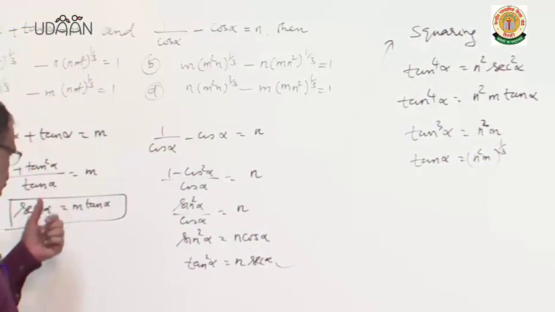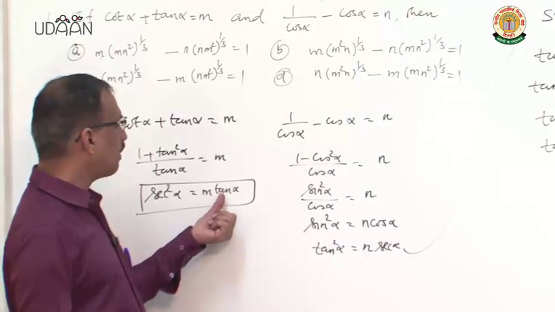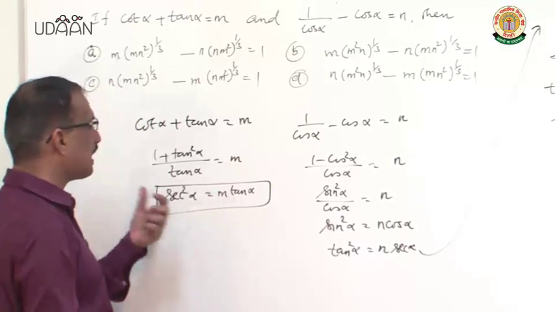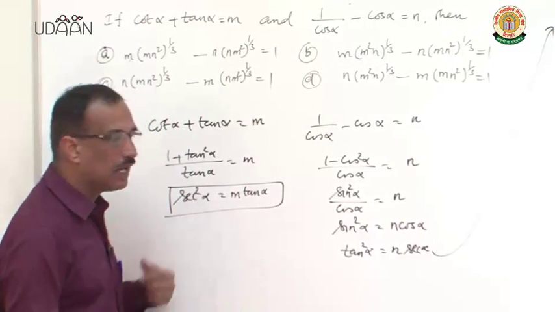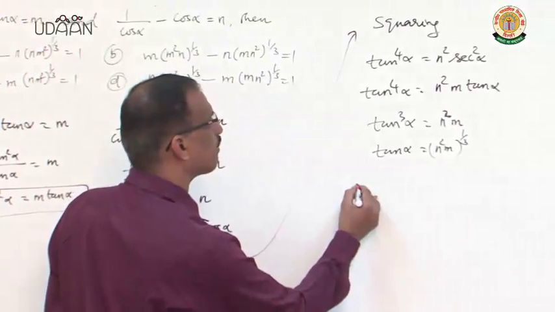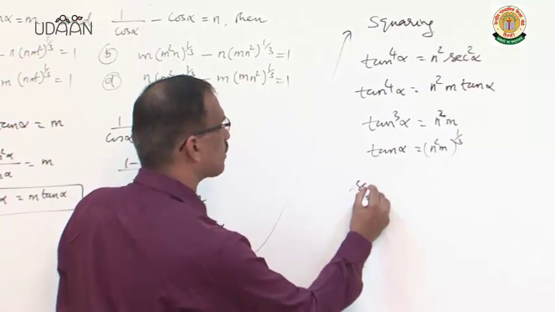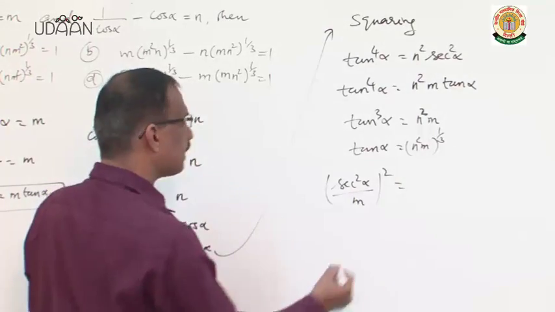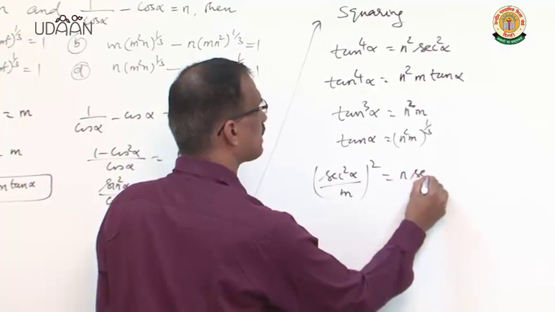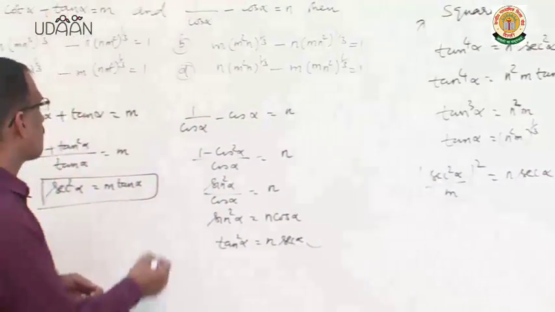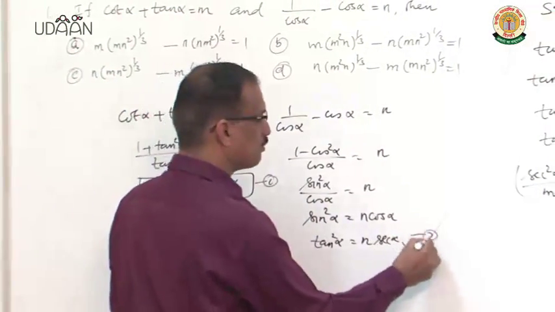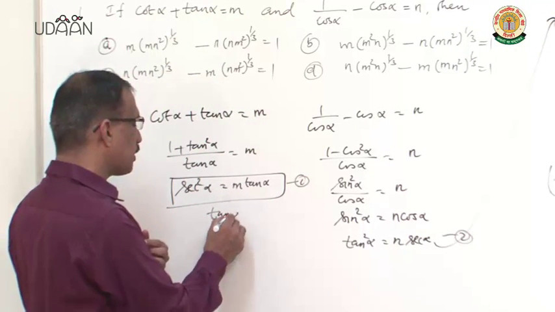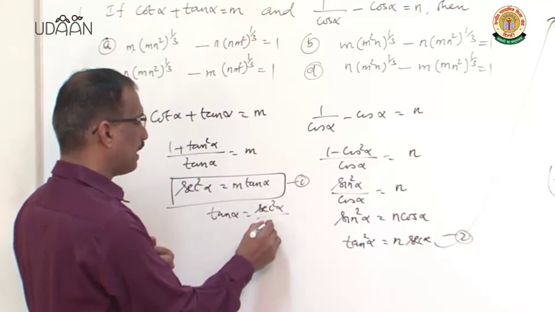Now, again if you are simplifying here, from the value of tan alpha you get sec alpha. That is, substitute tan alpha equal to sec squared alpha by m in this. So, tan alpha, if you are substituting sec squared alpha by m, the whole square equals n sec alpha. Suppose you take this as 1 and this as 2, put the value of tan alpha, that is tan alpha equal to sec squared alpha by m.